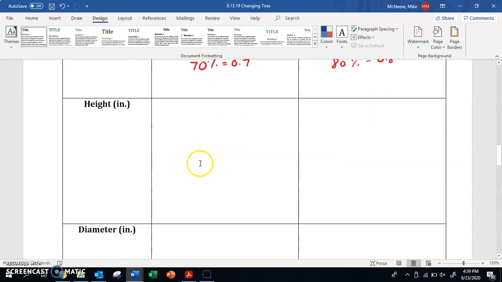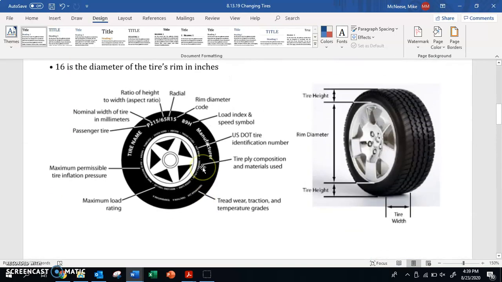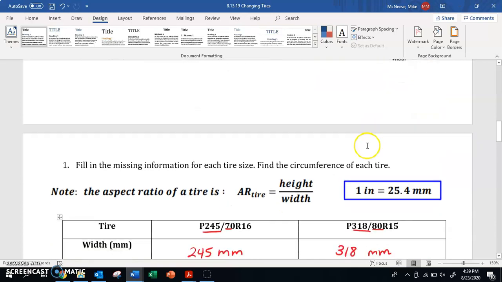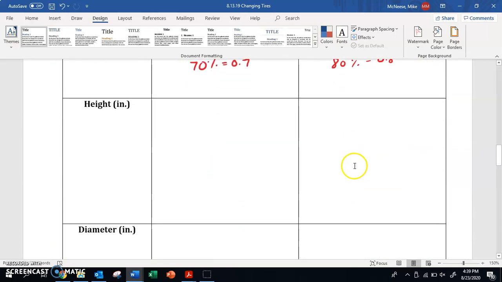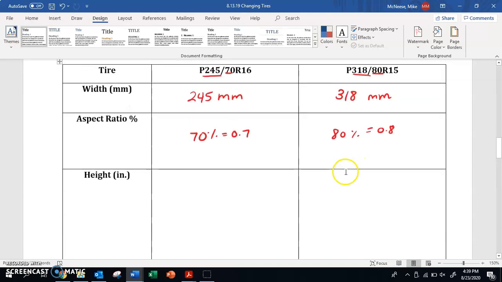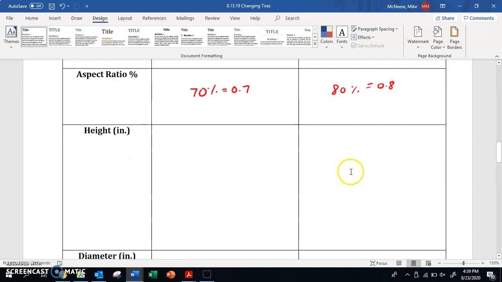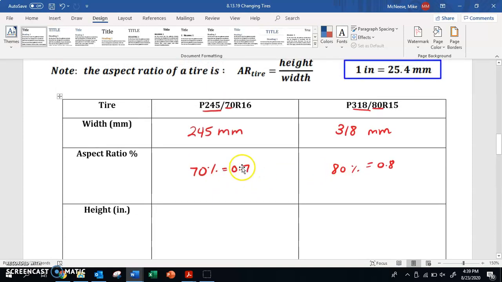Next we have to find the height. Remember, tire height is just this part right here. In order to find that, we know that the width of the entire tire is 245 millimeters and that the aspect ratio is 0.7.